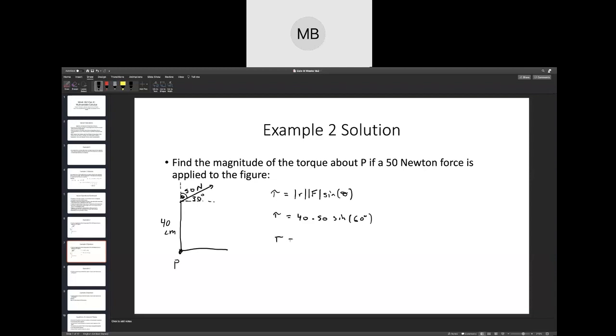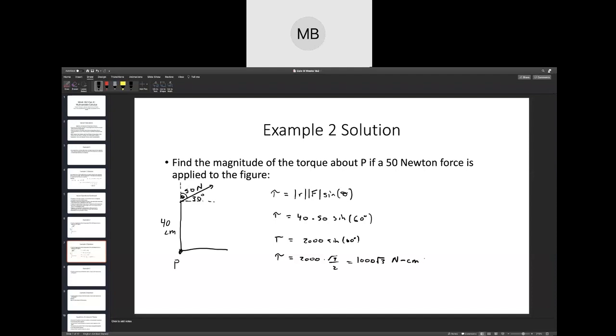So the torque is going to be 2,000 times the sine of 60. Torque is 2,000 times root 3 over 2, which is 1,000 radical 3. We can use a calculator to estimate that if you wish. This would be Newton centimeters.